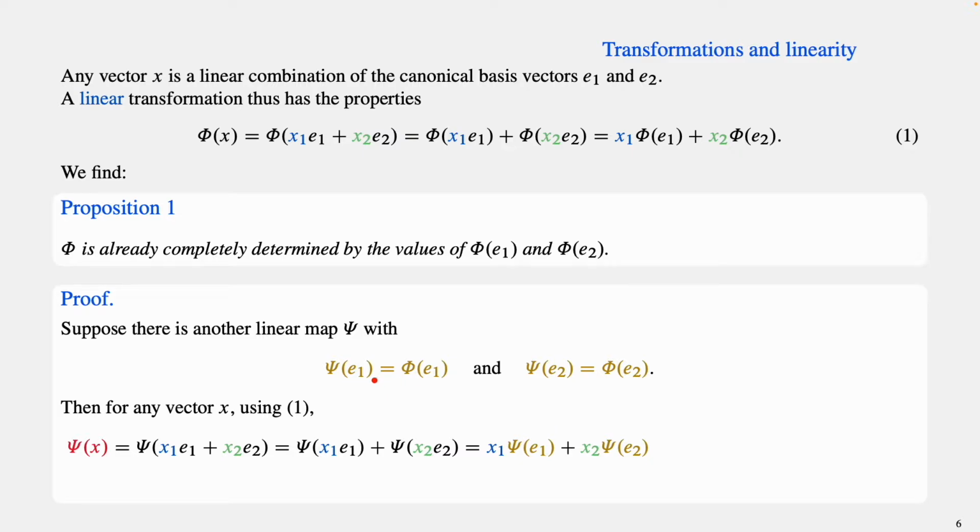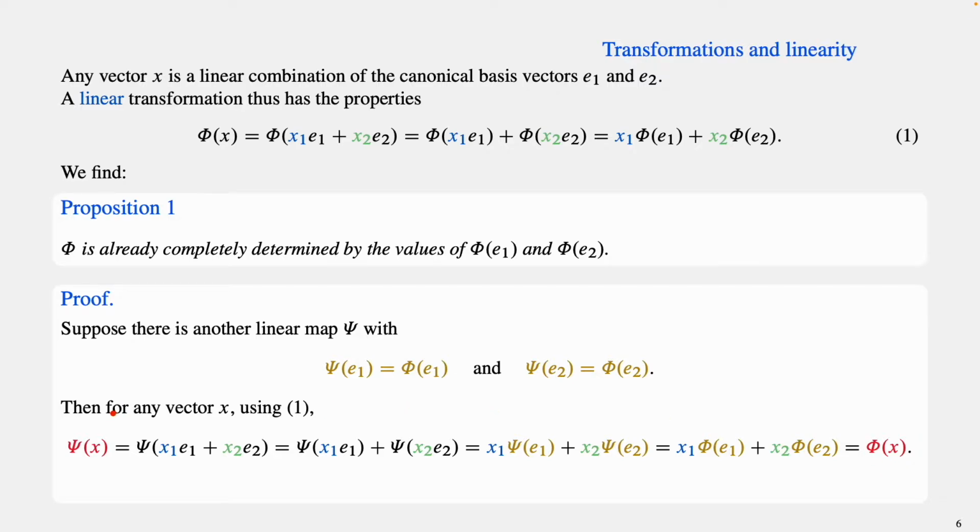And now I can use that psi and phi have identical values on the canonical basis vectors. So I can replace these two here by phi of e1 and phi of e2. So I have this expression here. But this, as we saw in equation 1, is just phi of x.